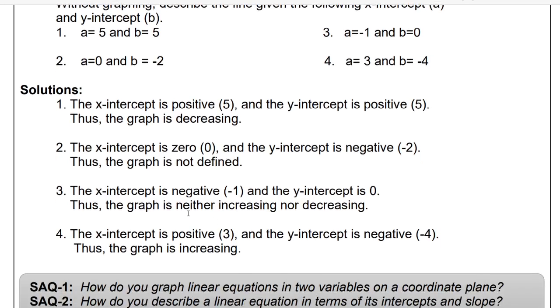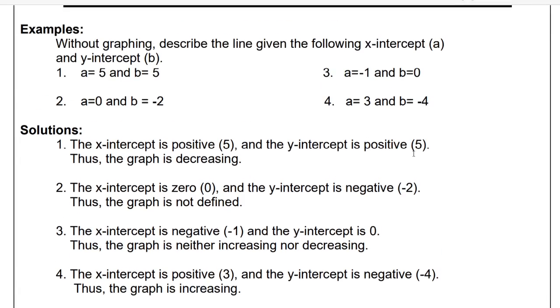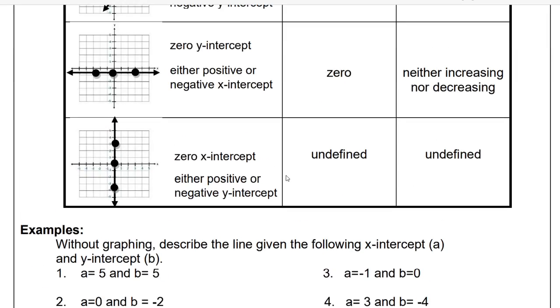But if you have, number 2, your x-intercept is 0 and y-intercept is negative, on the last part here, it says 0, even positive or negative, therefore the slope is undefined.